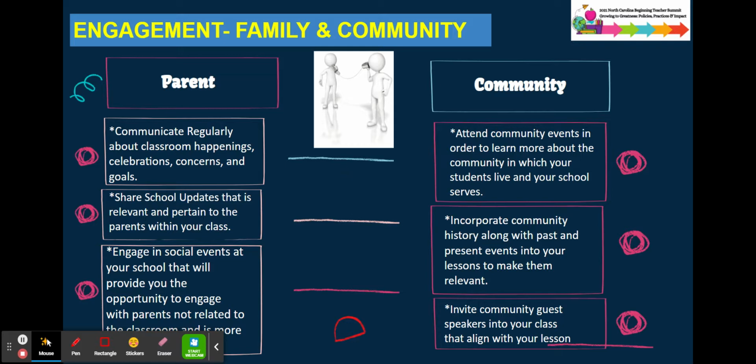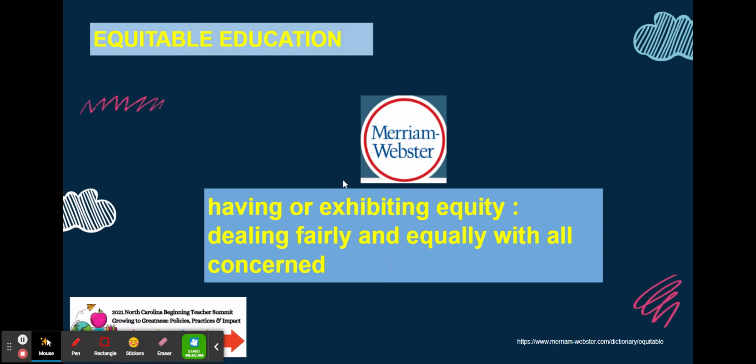So we're going to shift from engagement to equitable education. And I love this one too, and have done a lot of studies in my master's about equity in education.